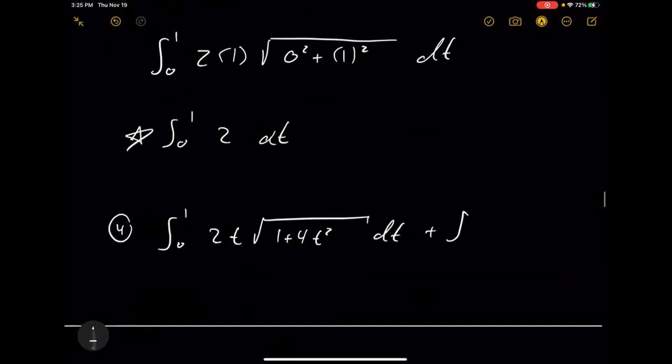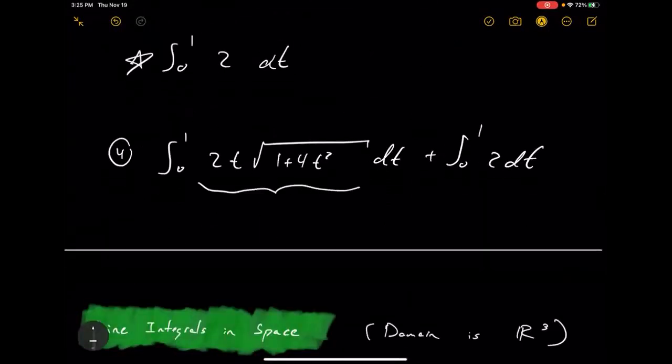And then I need to add the integral 0 to 1 of 2 dt. This integral should be a u-sub, right? We could do u is equal to this stuff inside. So u is equal to 1 plus 4t squared. du is equal to what? 8t dt.